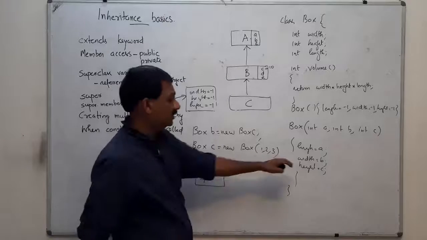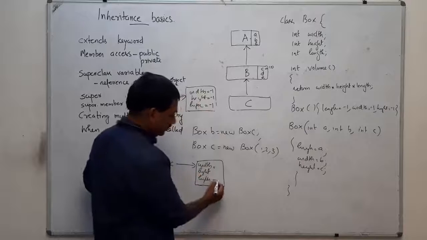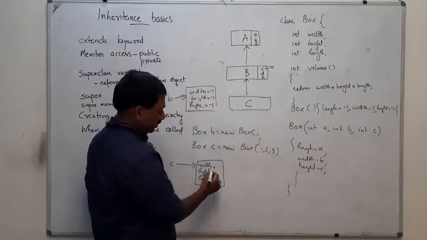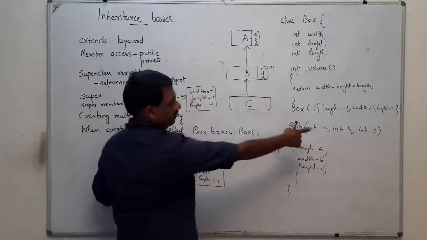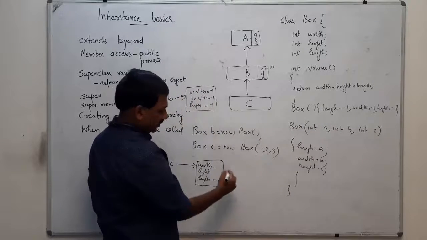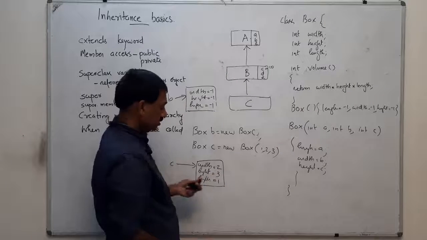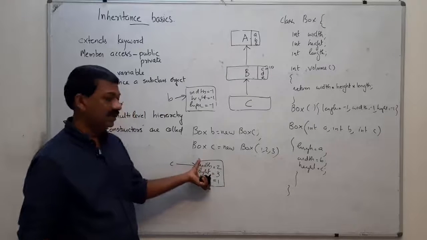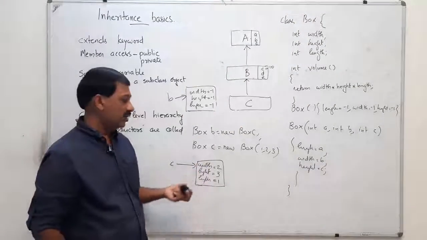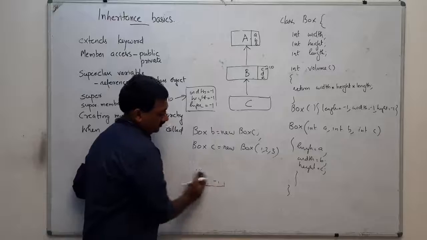Then length is equal to A. That means you are passing 1. Length becomes 1. Width is equal to B, the parameter B means we have passed 2. That means width is equal to 2 and height is 3. That means these parameters are initialized. Okay. So this is the way constructors are called.